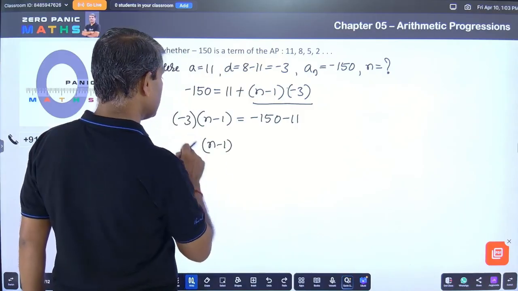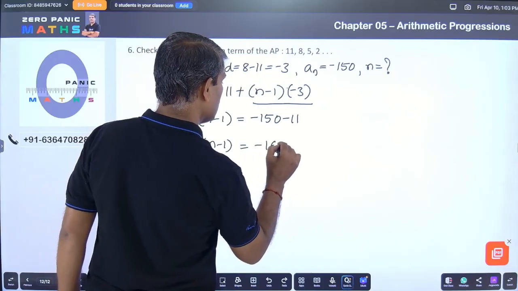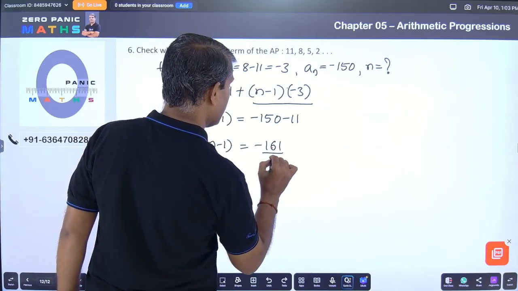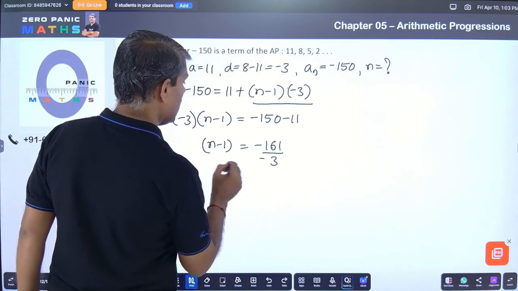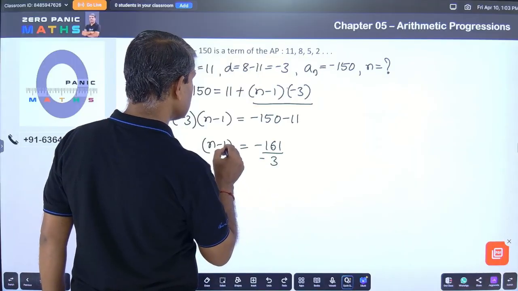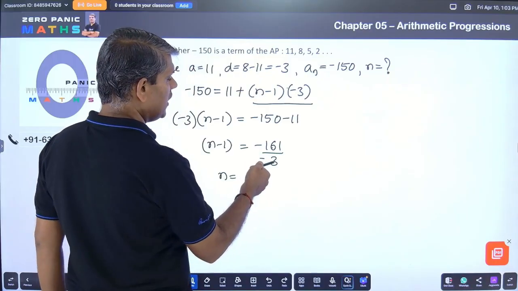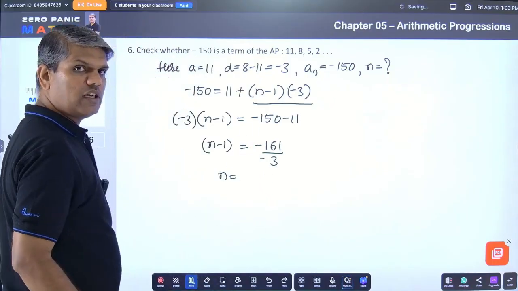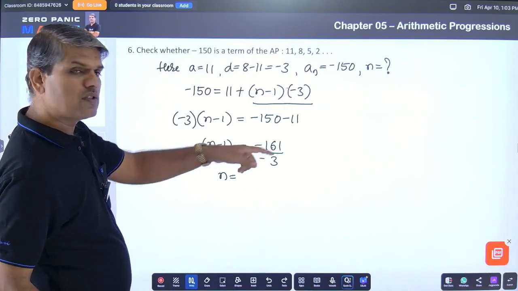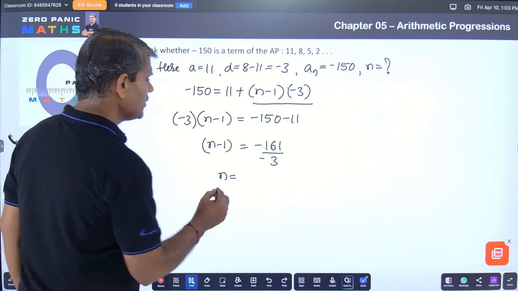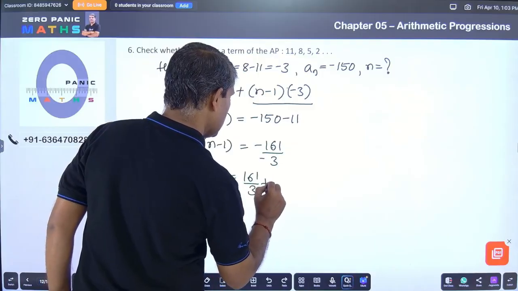Take minus 3 to that side, it will make it minus 161 divided by 3. So does 3 divide 161? 3 fives are 15, so 1 remains, it cannot. So it will be 161 by 3 plus 1.